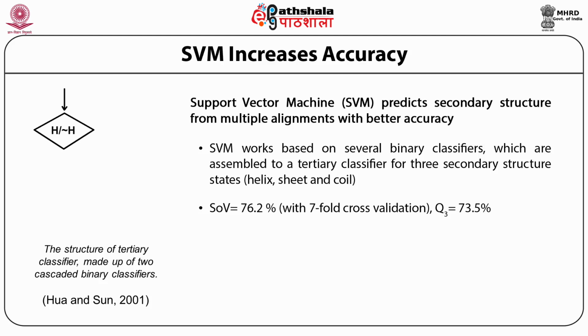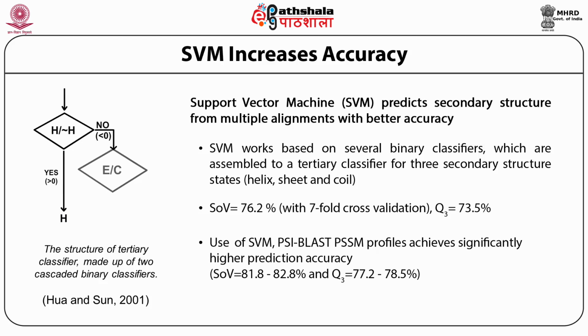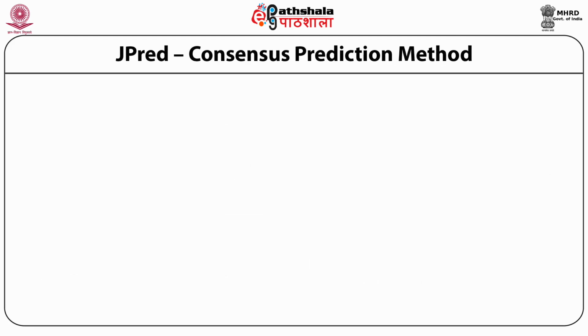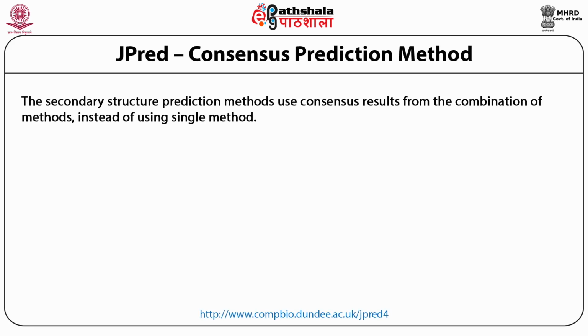73.5%. Recent studies show that the structure prediction method based on SVM with position specific scoring matrix profiles generated by PSI-BLAST achieves a segment overlap accuracy in the range of 81.8 to 82.8%. As a new dimension, secondary structure prediction methods use consensus results from the combination of methods instead of using a single method.